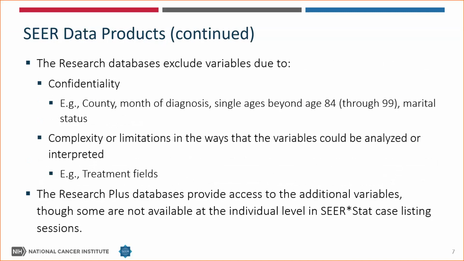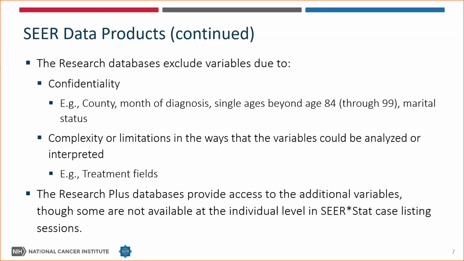The research databases have fewer fields. They have the same number of tumor records, but fewer fields. The fields excluded from the research data are excluded for 2 different reasons. One is confidentiality: things like county, and really any geographic identifier, month of diagnosis, and single ages beyond 84.